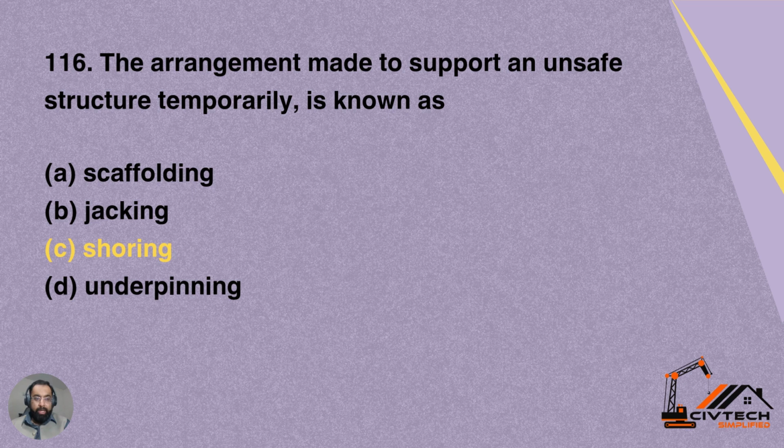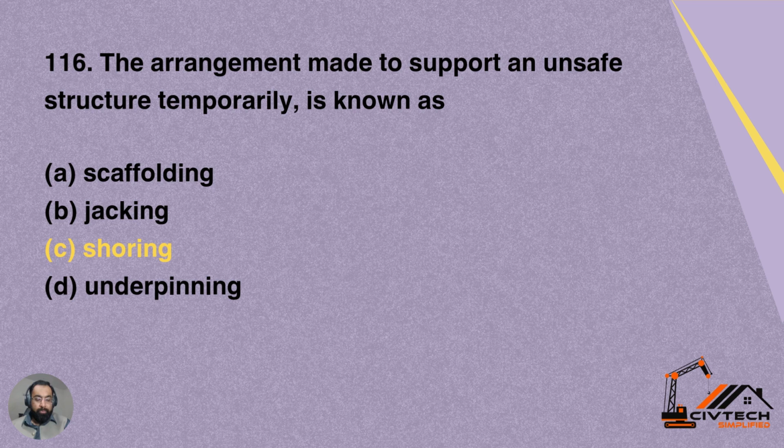116. The arrangement made to support an unsafe structure temporarily is known as. Arrangement made to support an unsafe structure, either it is cracked or unsafe due to any reason. The arrangement made to support or hold that structure is called option A, scaffolding, B, jacking, C, shoring, D, underpinning. So we already discussed scaffolding, that is a platform given for the labor or masons to work.